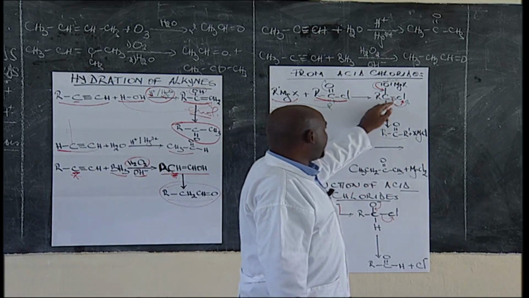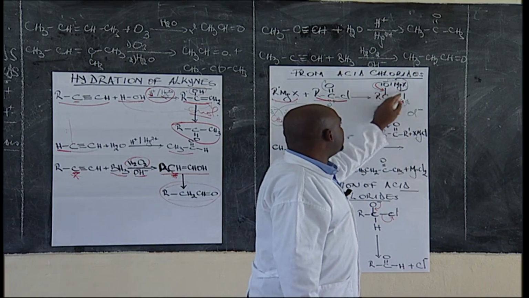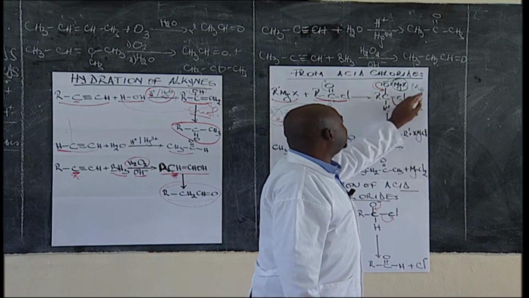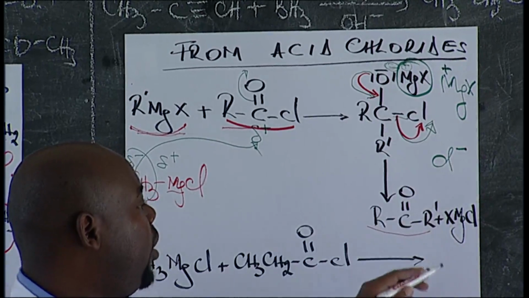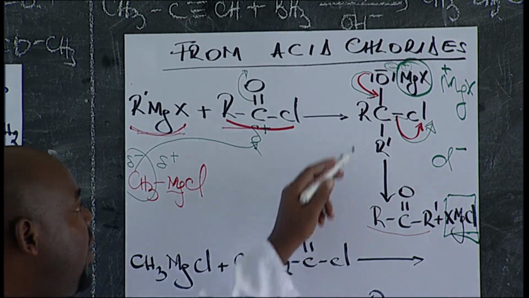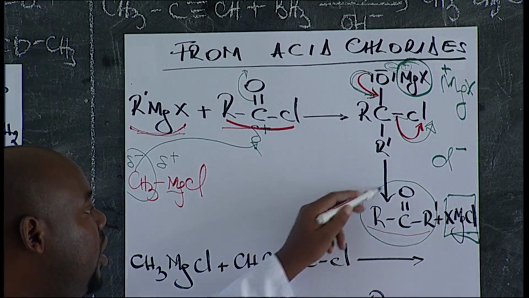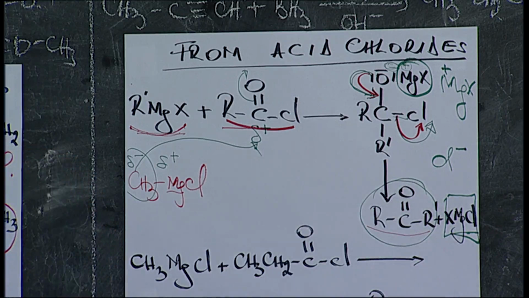And as it breaks, we produce Cl negative, which will go with MgX, which is positive, to combine and give us this ionic compound. And then as the double bond reforms, we will produce the ketone.